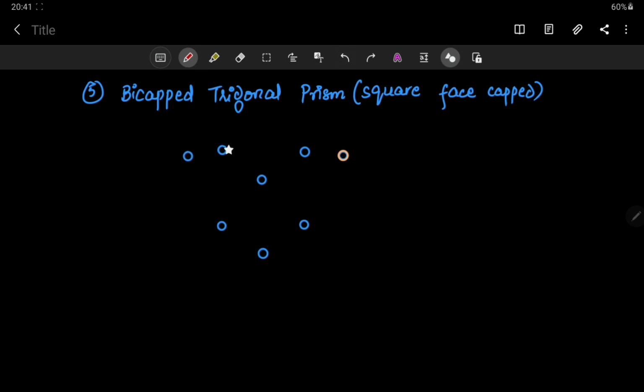So let's begin with one triangle, second triangle, joining the two triangles, generates trigonal prism, and this will join to this square face towards your right.